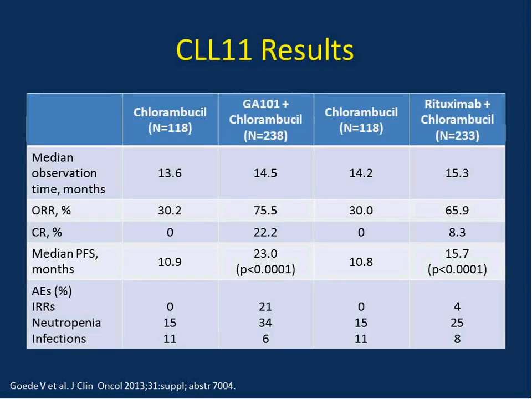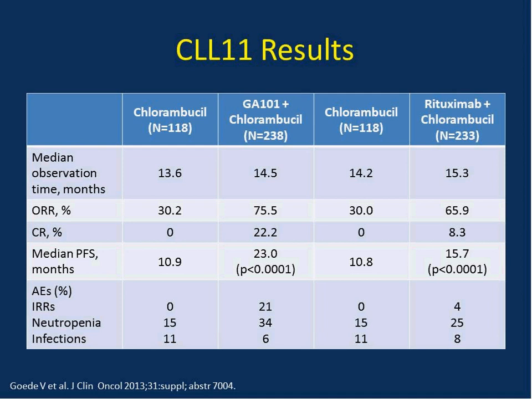This is data that was presented at the ASCO meeting in June, and then planned final results should be presented at ASH in December. You can see that the overall response rate was highest in patients receiving the combination of GA101 and chlorambucil, and you had a 22% complete response rate.